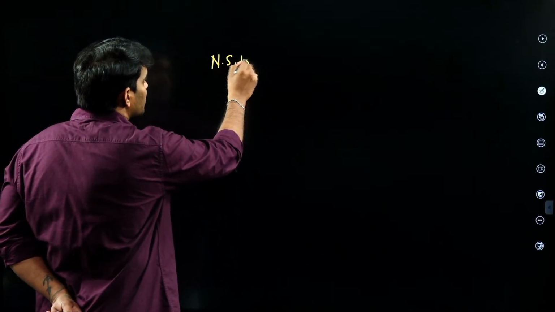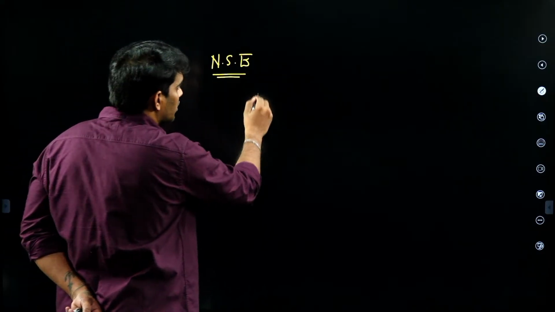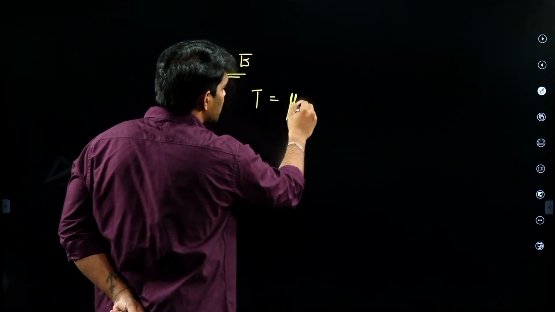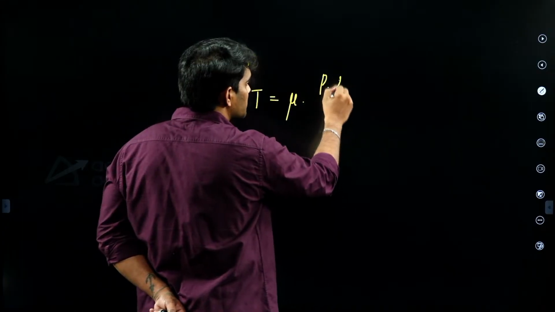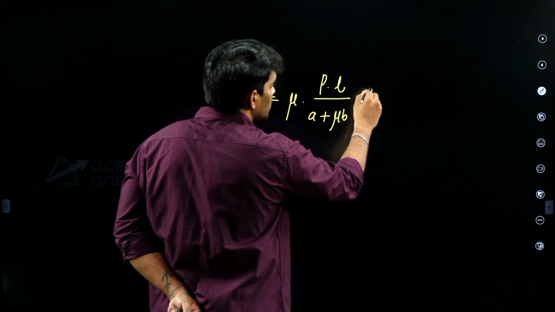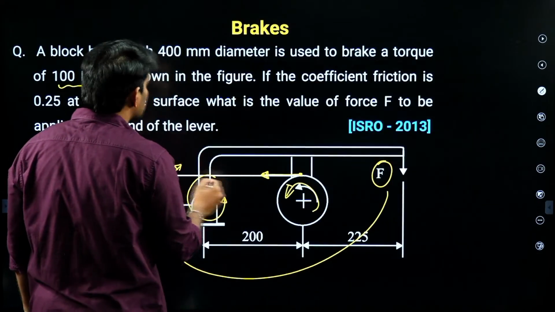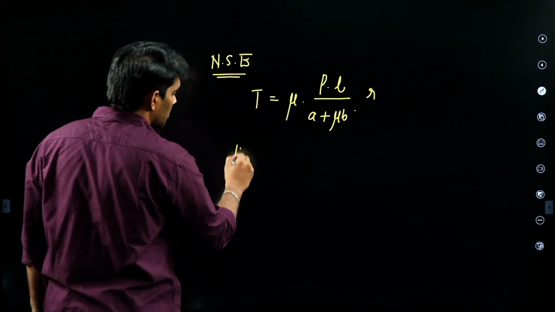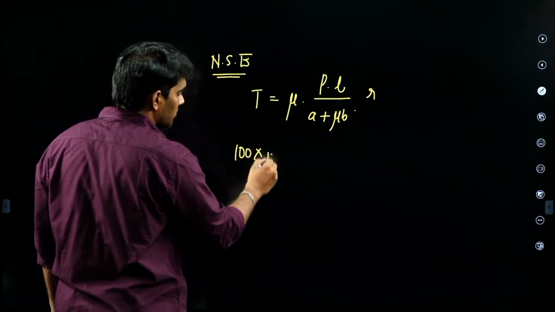As it is non-self-energizing, the equation for torque is equal to mu times normal reaction. Normal reaction is P L by A mu B, into radius. Here the torque is given as 100 Newton meter, 100 into 10 cube.